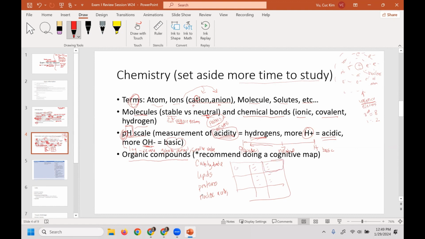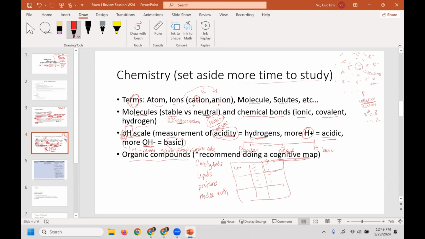You can imagine you're taking the test, and you remember the carbohydrate box, and in that, here were the types. So the more cognitive maps you use, the lighter the load is on your brain, and your ability to pull the information back out becomes greater. The maps really do work.